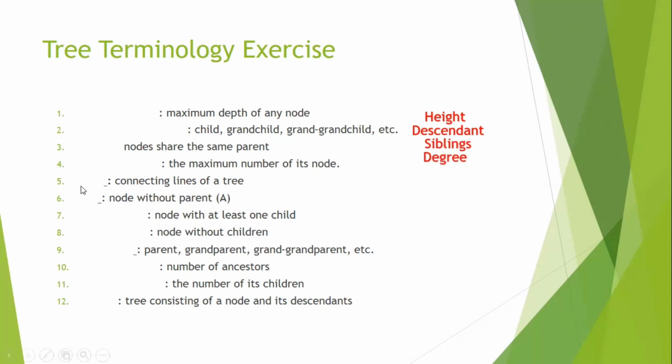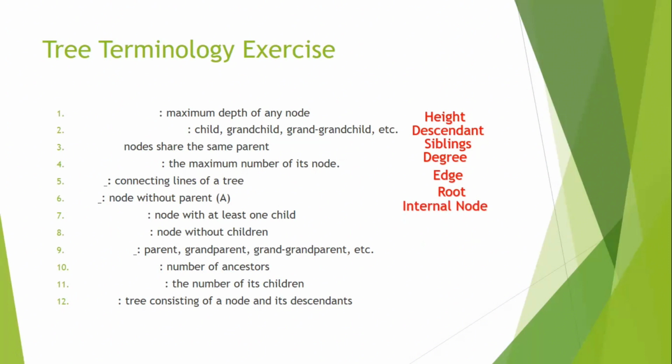The number 5 question, it is the lines connecting the nodes of a tree. It is an edge. Then a node without a parent is called the root. Yes. Then when we say a node with at least one child, it is an internal node.